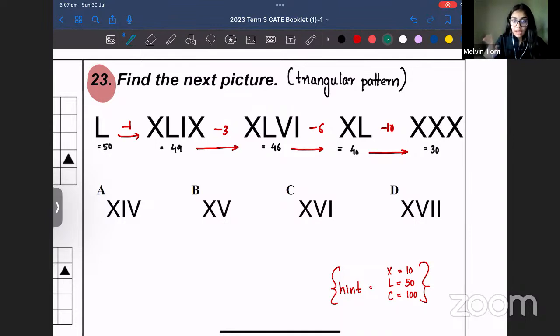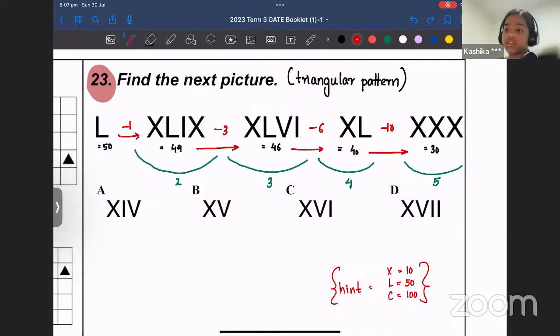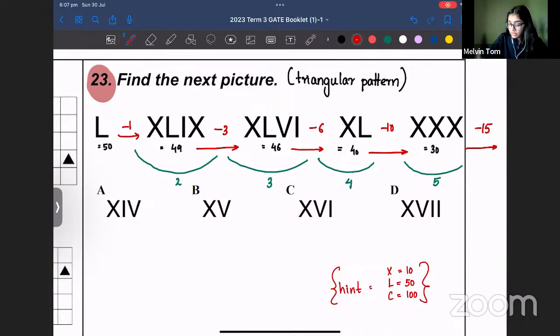An easier way is to find the difference between 1 and 3, which is 2, 3 and 6, which is 3, 6 and 10, which is 4. So it's 2, 3, 4. What's going to come next? It's 5. So the next will be 10 plus 5, which is minus 15. So from 30, we subtract 15 to get the answer.